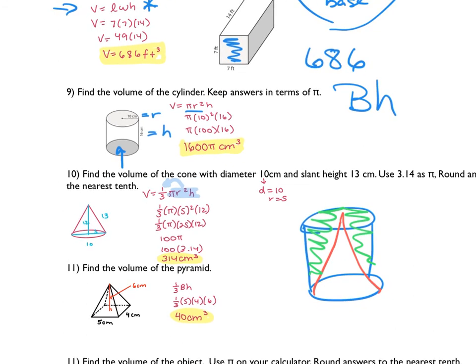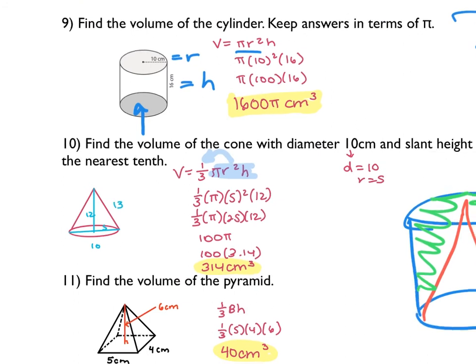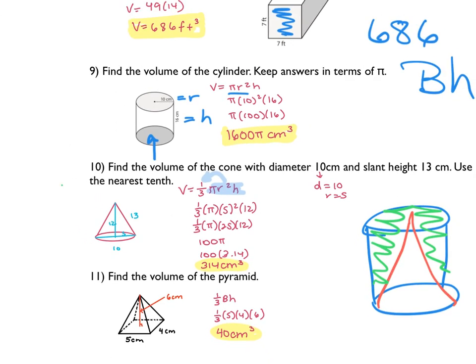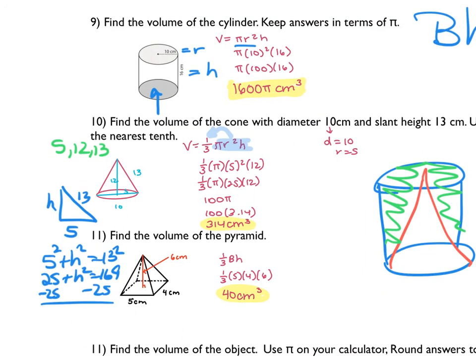We were given the slant height. So again, this time I needed to do Pythagorean theorem again. If I didn't know my triples, this is actually a triple of 5, 12, 13. However, if you didn't realize that, then what you would do here to get the height is Pythagorean theorem. 5 squared plus h squared equals 13 squared. 25, 169, subtract 25, h squared equals 144, square root it, and the height is 12.